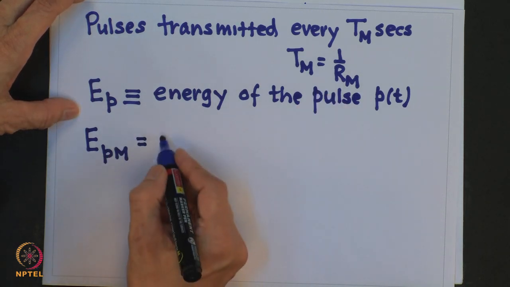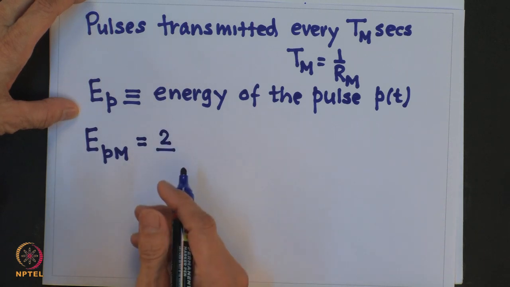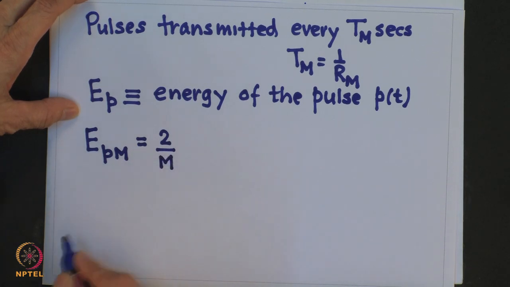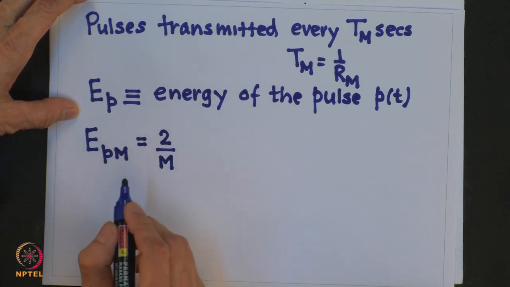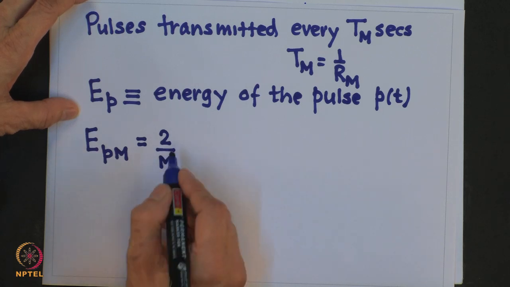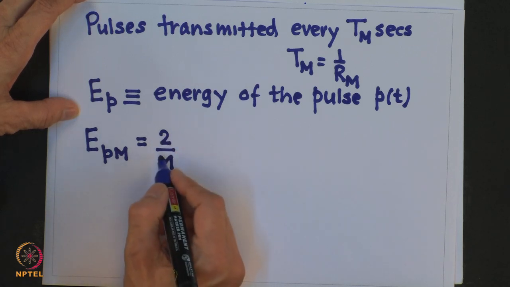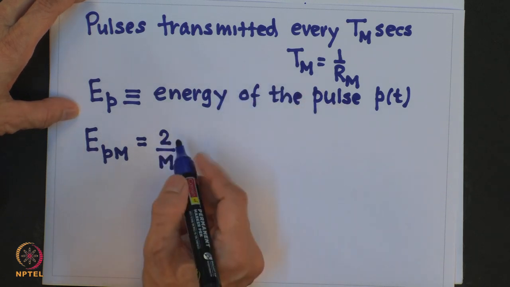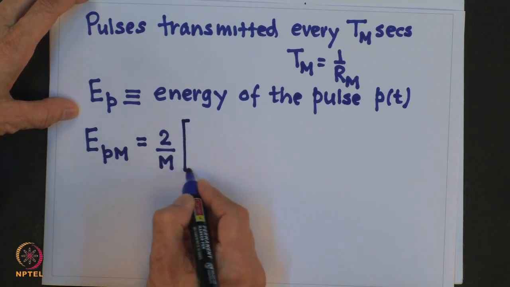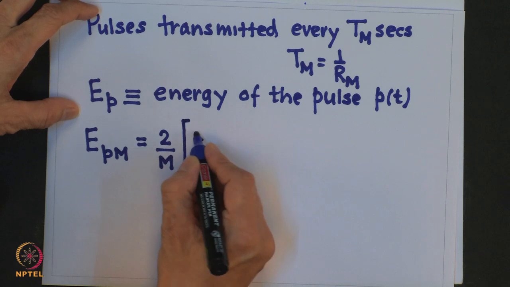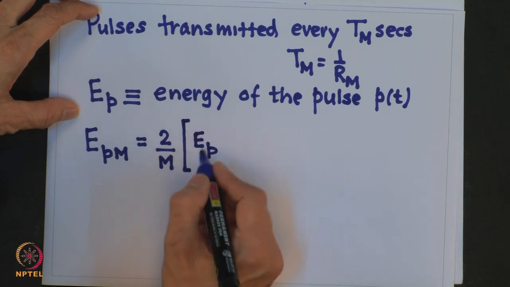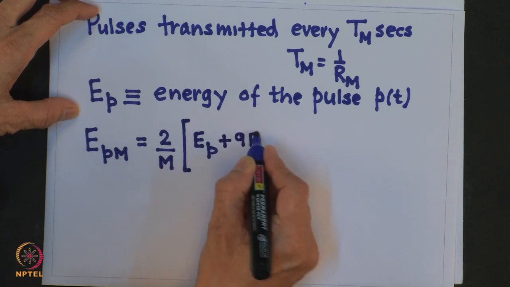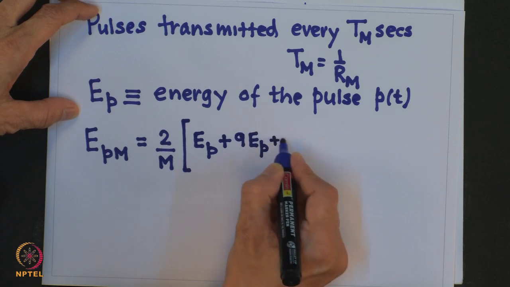So, this will be equal to twice, because we have the pulse transmission of the form plus minus, and we are assuming that the pulse transmission is equiprobable. So, it is going to be 1 by M, the probability of occurrence of each pulse, and the energy in each pulse is going to be this summation. This is for the plus minus p(t), this is for plus minus 3 p(t), and so on.